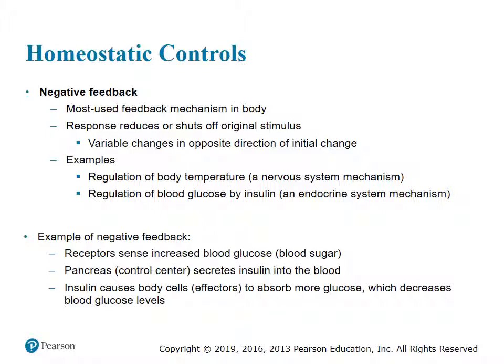Negative feedback is the most common one that we have in our body that's set up as an effector. Okay? Most common one. This is the one that will reduce or shut off the original stimulus. Right? That's negative feedback.